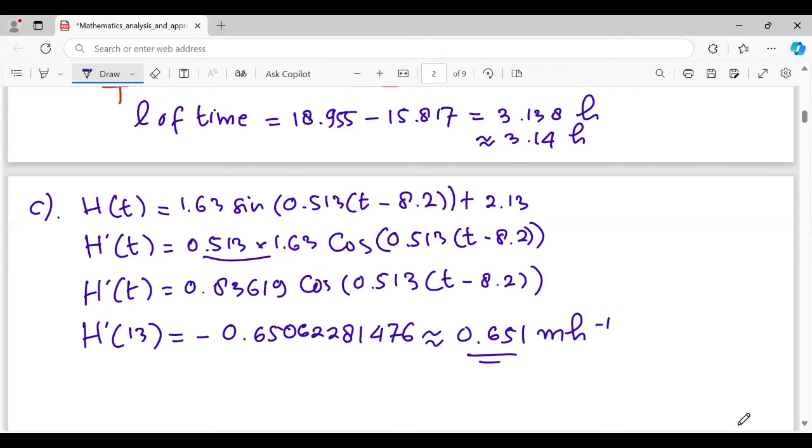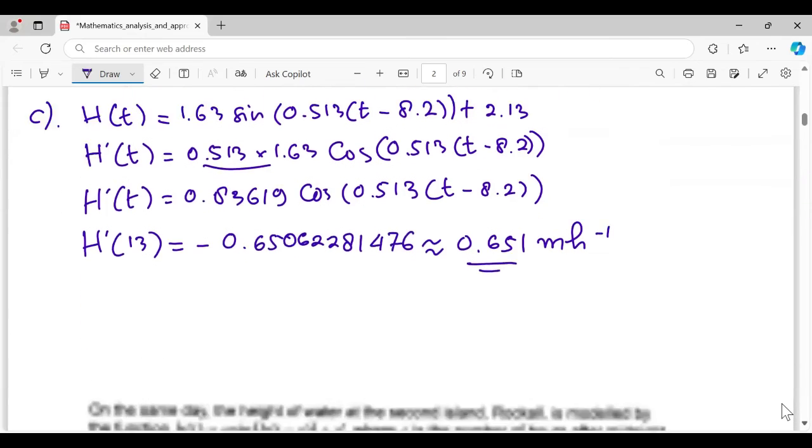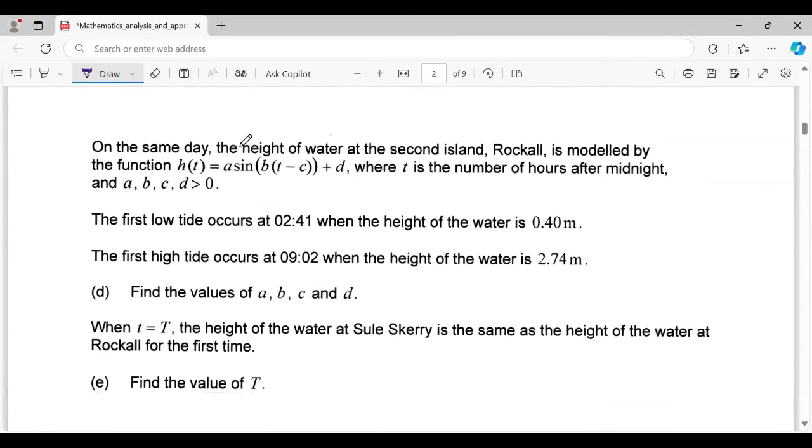Next. On the same day, the height of the water at the second island, Rockall, is modeled by the function h(t) = a sin(b(t - c)) + d, where t is the number of hours after midnight and a, b, c, d are greater than 0.